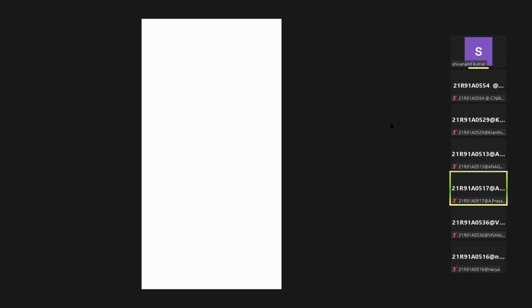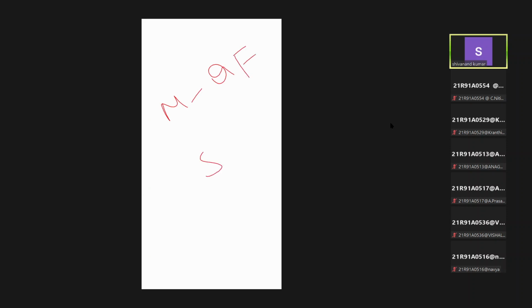If you want to write a matrix in quadratic form, the matrix should be symmetric. If the matrix is not symmetric, we can't write it in a quadratic form. That is the first primary definition.